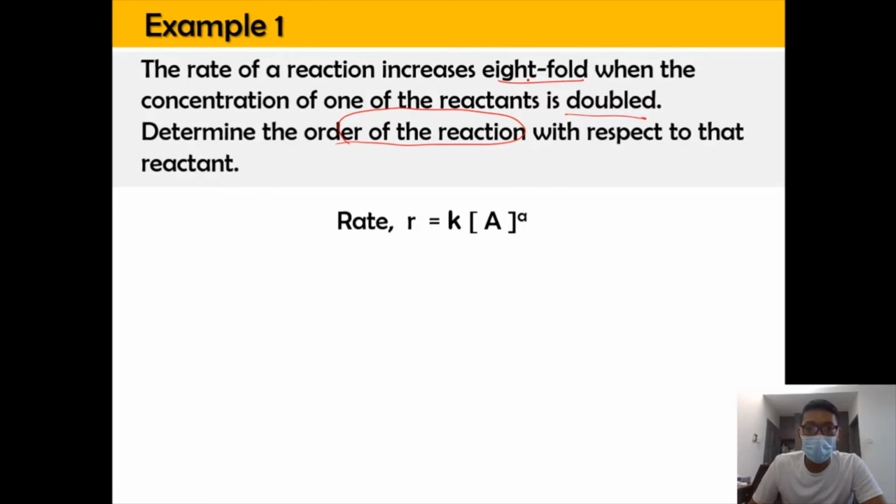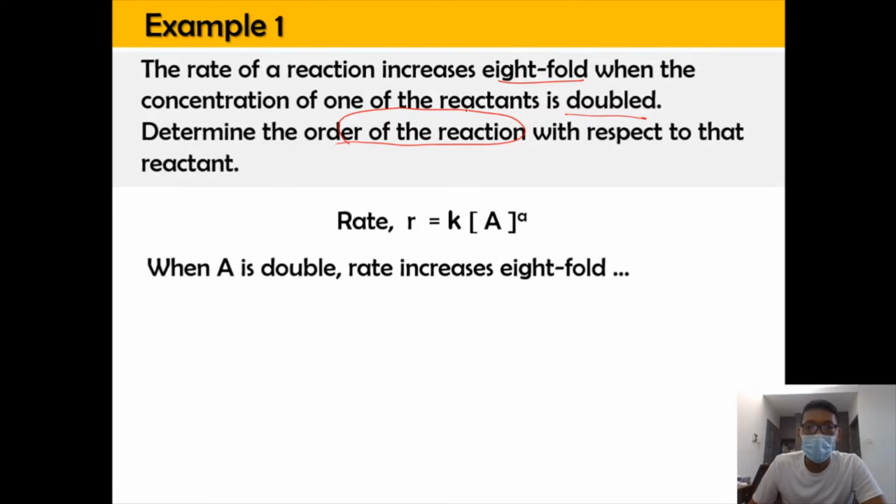So from the question, it says that when A is doubled, or when the reactant is doubled, the rate increases by 8-fold. So the rate increases by 8-fold, becoming 8R, and A here becomes 2A.